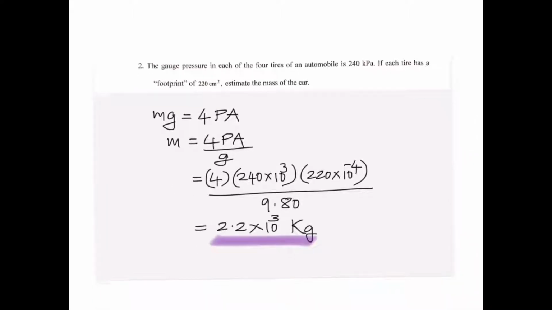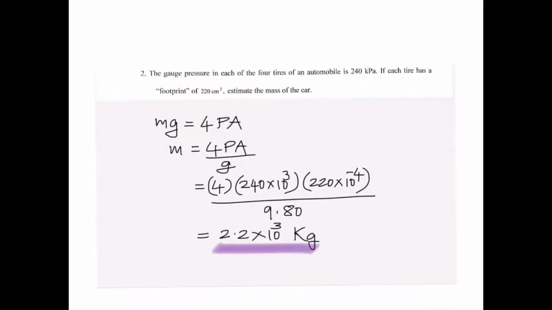So what's given is the gauge pressure, and here is how we're going to do this problem. The weight of the car is actually balanced by the pressure in the 4 tires. So the weight of the car, which is mg, is equal to 4 times the force.